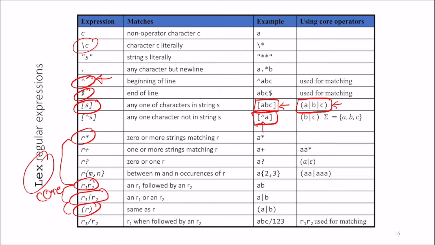So this square bracket specifies a character class. So it's all of the characters that are not A. And if I wanted to construct a regular expression for it, if I had A, B, C in my alphabet, then it would be all the symbols that are not A, right? So B or C, for example.